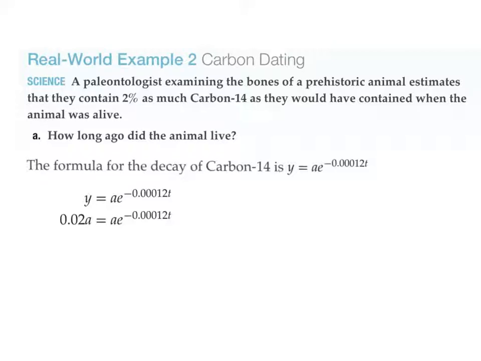So the A's cancel out again. And now I have an exponential equation with base e that you need to solve. So please do that. What's our strategy here? What are we going to do? Abe, what are we going to do here? Do algebra. What did we do on the last problem at this point?